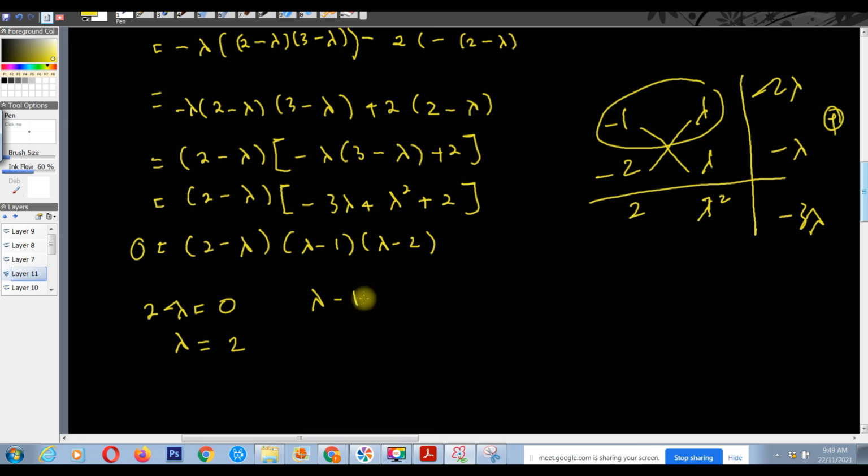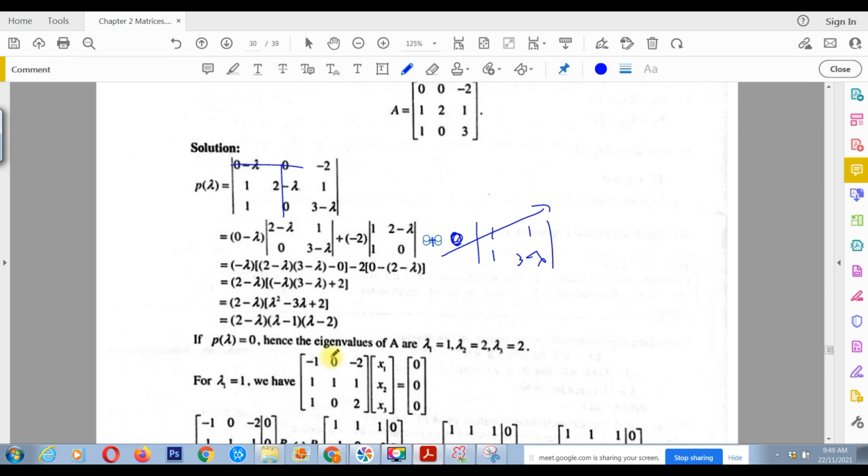Lambda minus 1 equals 0, so lambda equals 1. Another one is lambda minus 2 equals 0, so lambda equals 2. So for every lambda here, you need to find the eigenvector.